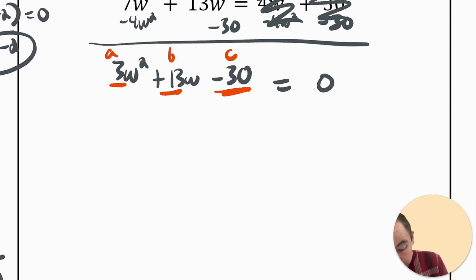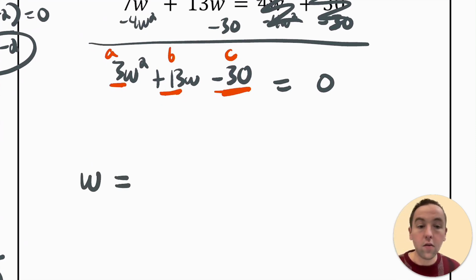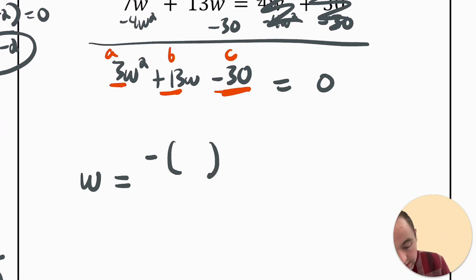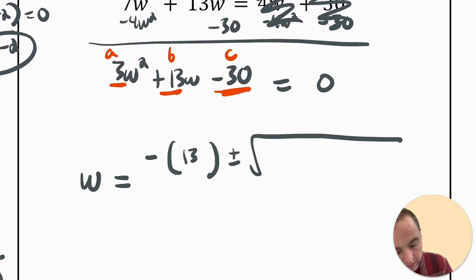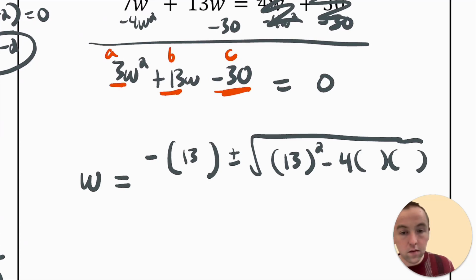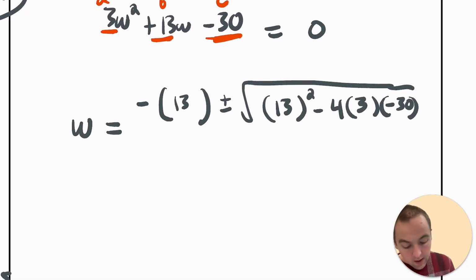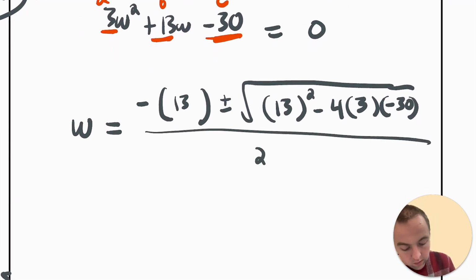So the quadratic formula says that the values for w in this equation, because that's the variable we're solving for, is going to be equal to negative b, so negative of 13, plus or minus the square root of your b squared, so 13 squared, minus 4ac. So the a is 3 and c is negative 30, right? That's the only negative one we have in this one. And that's going to be all over your 2 times your a, so 2 times 3.